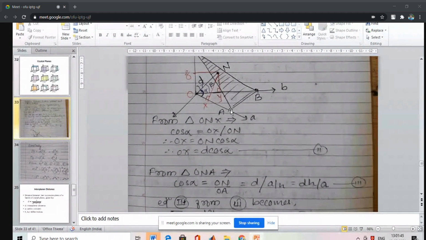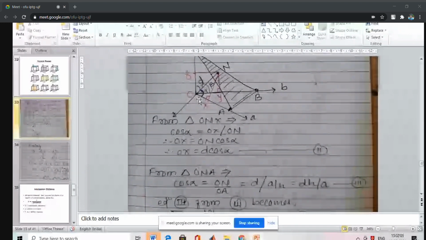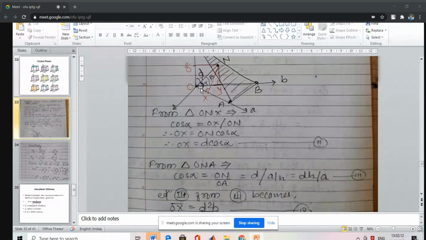So if we draw this AN, then the triangle ONA will be the right angle triangle, and the right angle will be at N. And from this triangle, again try to write cos alpha. This angle is nothing but alpha, the angle between A and the ON. You see, cos alpha will become now ON upon OA. This is OA. ON upon OA from triangle ONA.